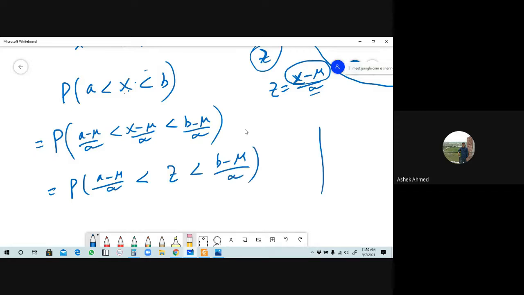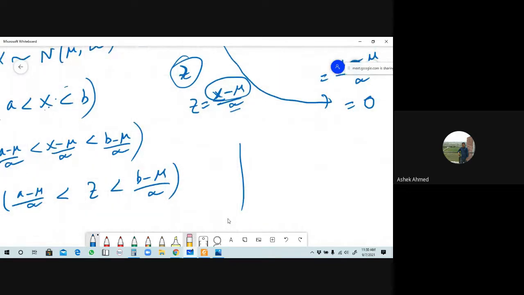Okay, but can you remember the formula of inequality for a continuous random variable? If a is less than x is less than b, in that case, if it is z instead of x, the formula will be phi of b minus phi of a here. So phi of upper value minus phi of lower value.